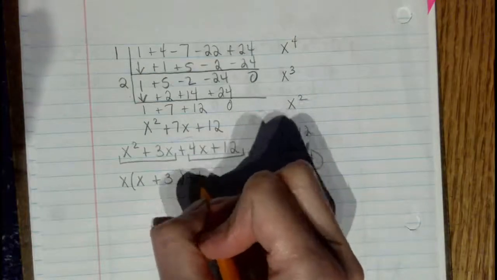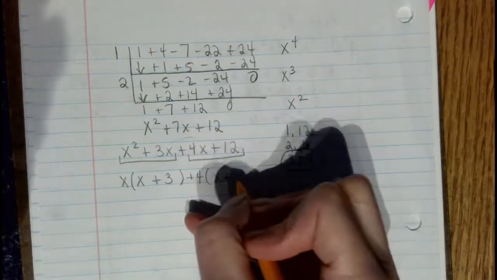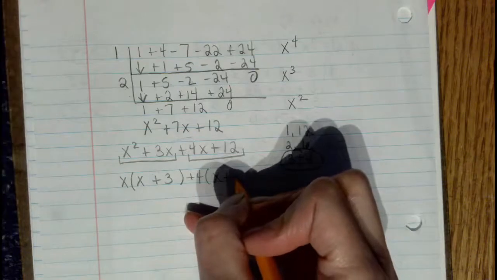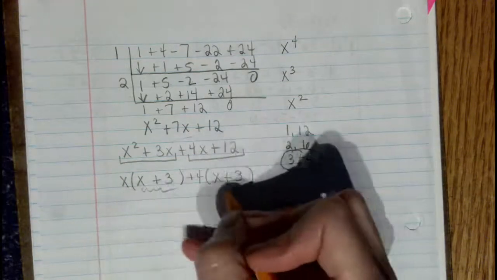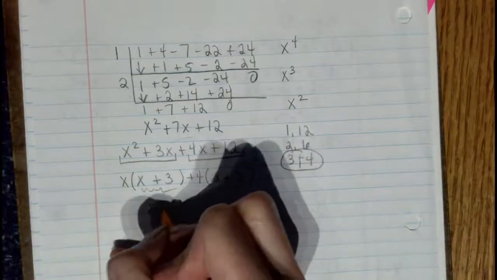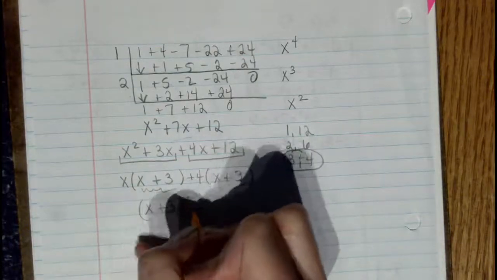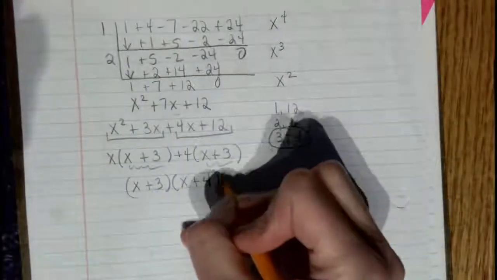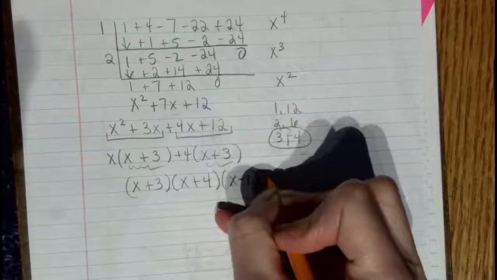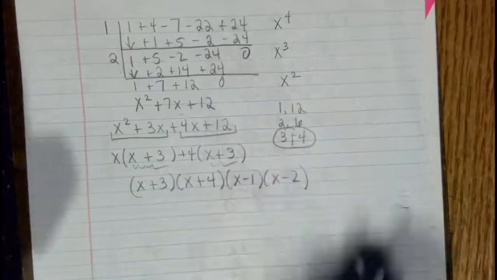Not even I want to do synthetic division 9 times on one problem. So what we see is that we've got x plus 3. We also have the x plus 4. And again, from our earlier paper, we had x minus 1 and x minus 2. For our factors.